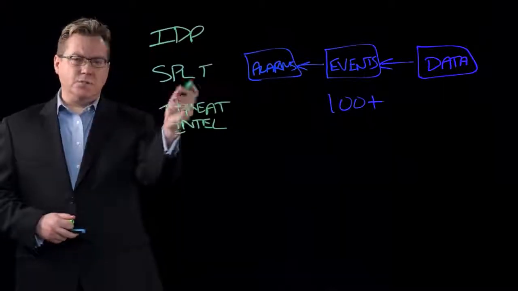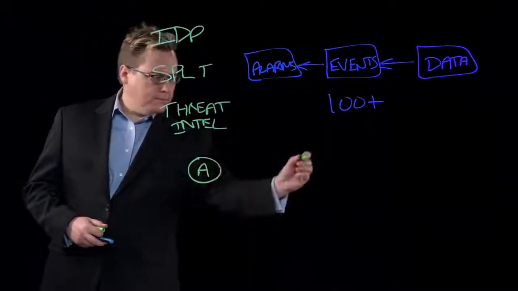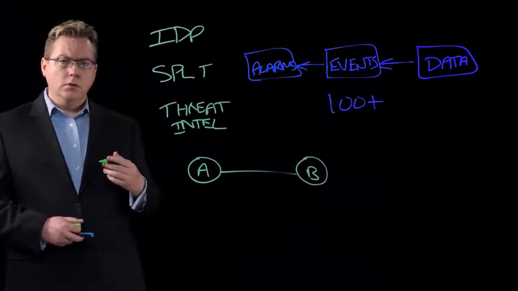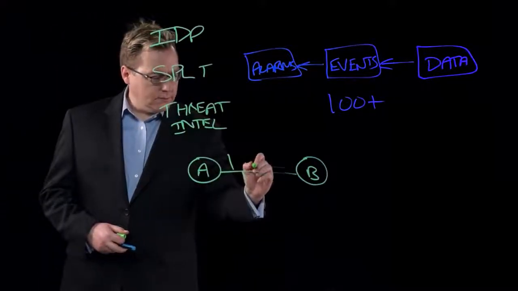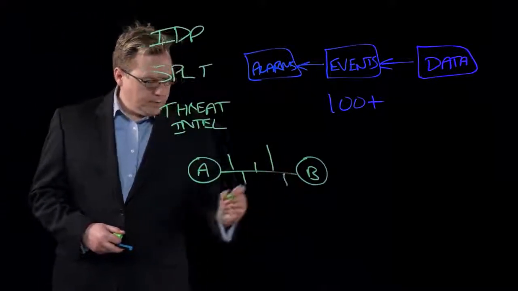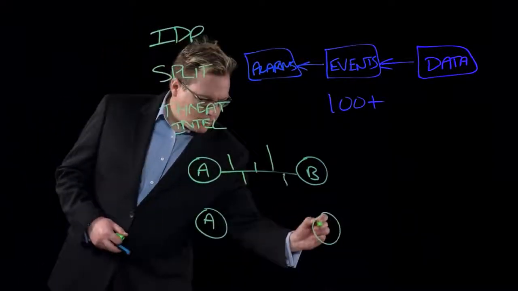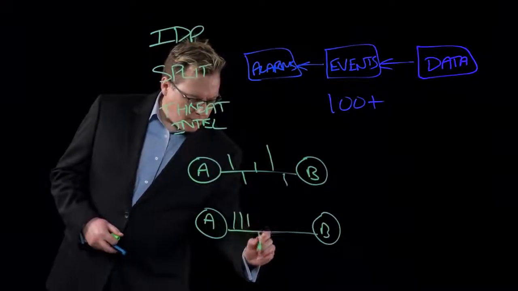So how might this split look? Well, if we have two people talking, their normal conversation, if this was a client-server relationship, might look like this. But if we had malware speaking, the conversation pattern would look very different.